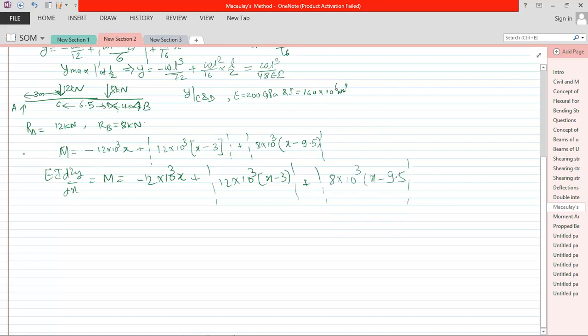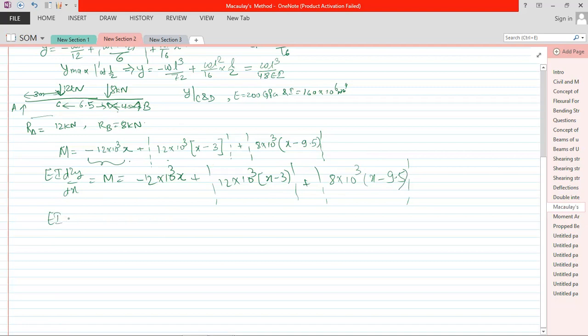So you can go with separate terms. This will operate at A and C, for the 12 kilonewton, and this portion will not operate here. After this 3 meter, both will operate and this will not operate up to 6.5 meter. And after 6.5 meter, all three terms will operate. These are like the selective conditions you put.